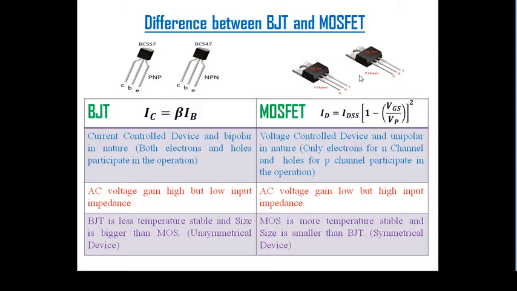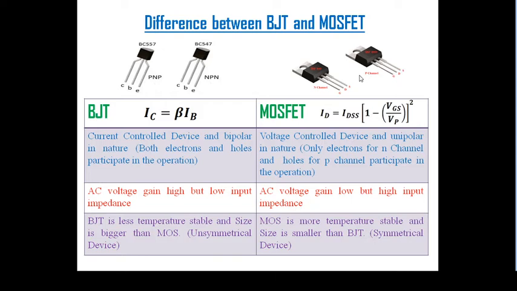So these are the key differences between BJT and MOSFET. BJT, the bipolar junction transistor, has both electrons and holes responsible and is a current controlled device. MOSFET is a voltage controlled device, and it is unipolar: electrons in an N channel device and holes in a P channel device. AC voltage gain is high in BJT but input impedance is low.